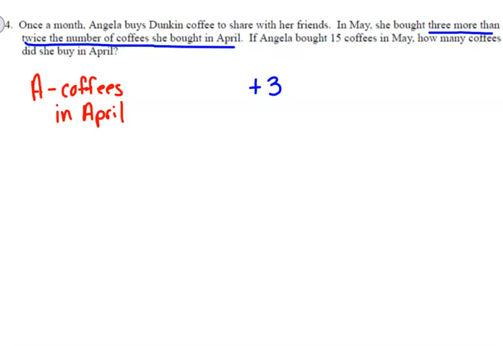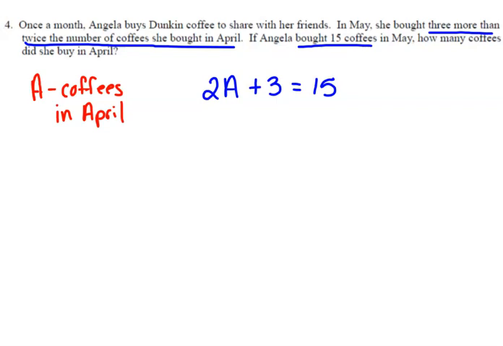Well, if A are the coffees she bought in April, then twice that is 2 times A. So 3 more than 2 times A is 3 added to 2 times those coffees in April. It said she bought 15 coffees, meaning the total here should be 15.